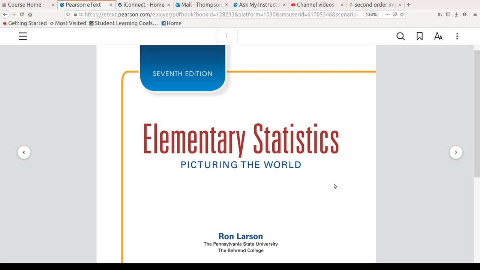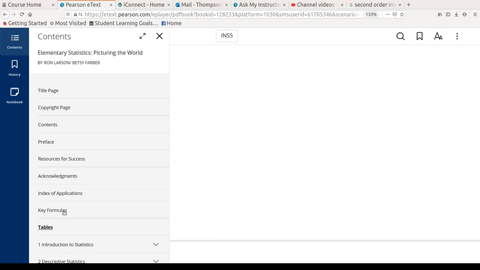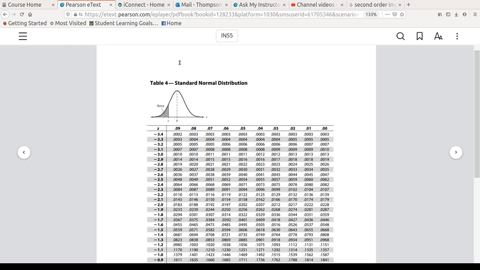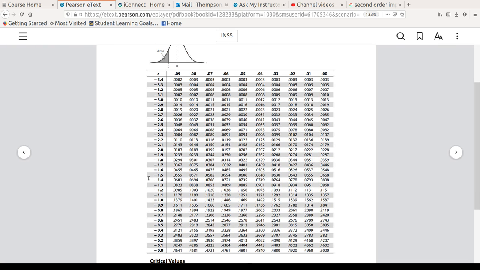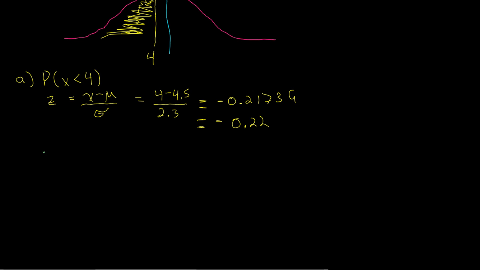Go over to the browser. I'm on the electronic version of the book here, so I go to tables. I'm going to get my Z table here. So I have a standard normal distribution. I have negative 0.2, and 2, which is 0.4129. So I'll come back over here. And the probability that x is less than 4 is 0.4129. And that gets us through our first probability.